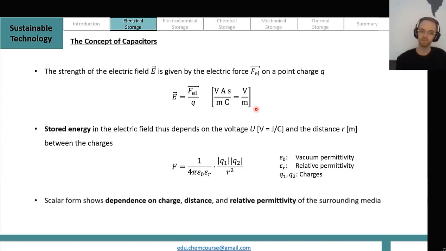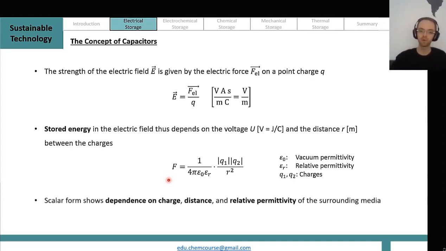So for now, we can say that the stored energy in an electric field depends on the one hand on the voltage, because the voltage you can find here in the electric field strength, and on the distance r between the charges. This is why you have a meter here in the denominator. You can describe it in a scalar form as well, as a force acting between two charges.